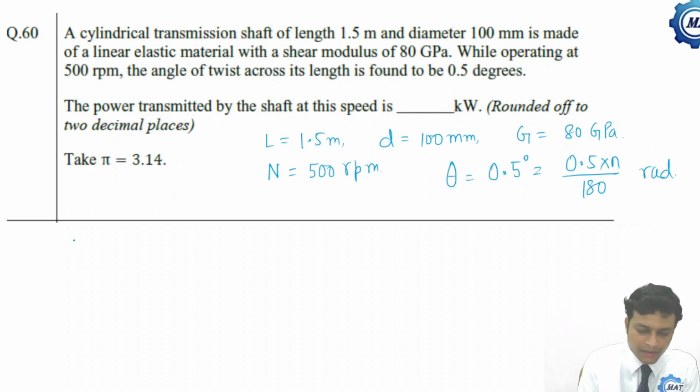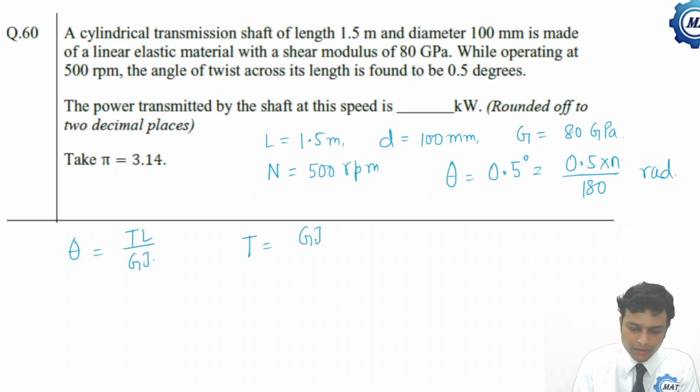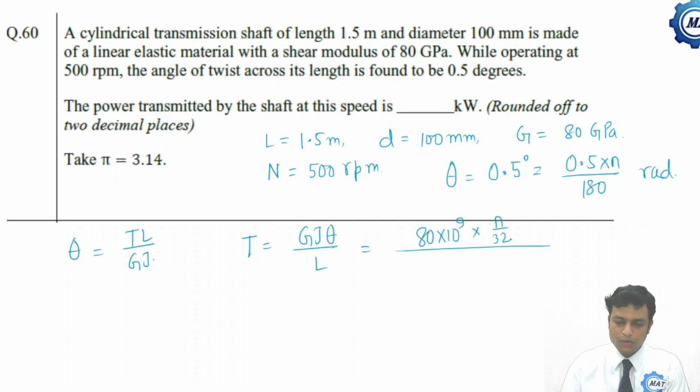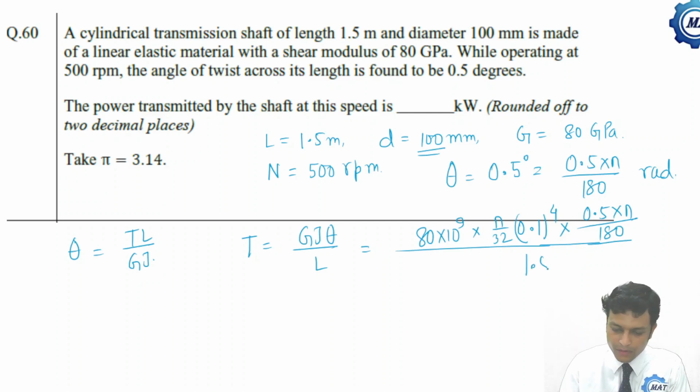This is very easy. That is theta equal to TL by GJ. That is, torque is GJ theta by L. Let us put the values. 80 into 10 to the power 9 into pi by 32, D is 0.1, 0.1 to the power 4, into the value of theta, 0.5 into pi divided by 180, and L is given 1.5.